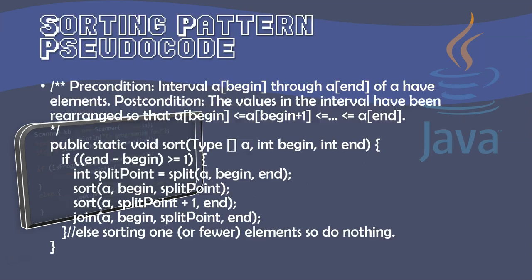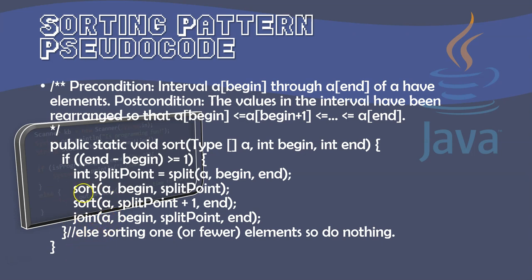So if we look at that pseudocode, one of the things you'll notice is we have a sorting algorithm. We're taking in an array type. We have a beginning and ending interval, and we're going to look to see where that split point is. And once we have that, then we can call the sort based upon that split point. So we have the sorting of that first half of the array, sorting the second half of the array, and you'll notice, of course, is we can then join these back together at the end.